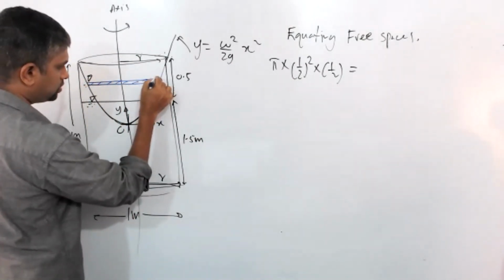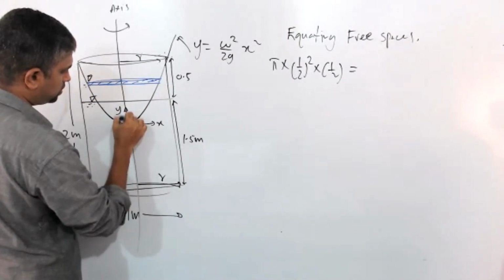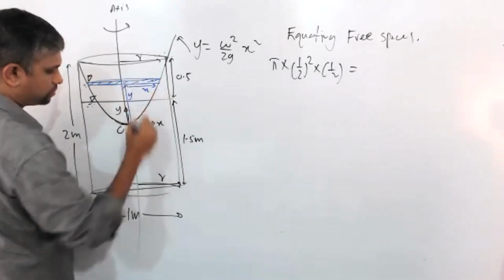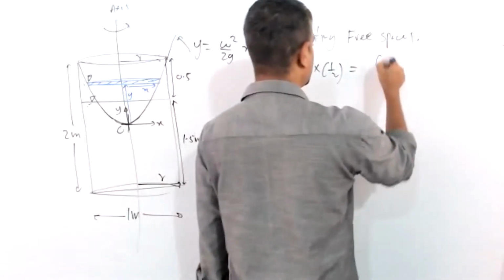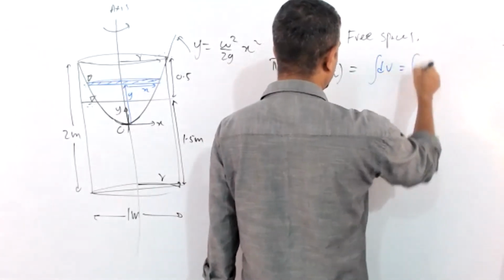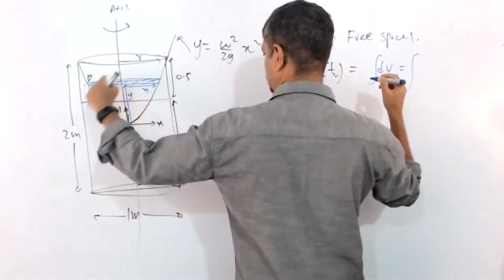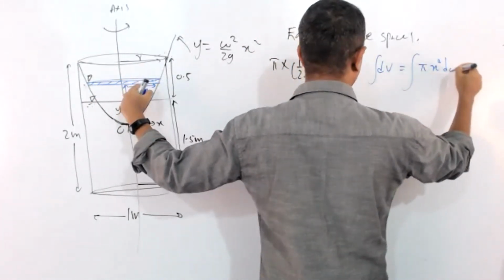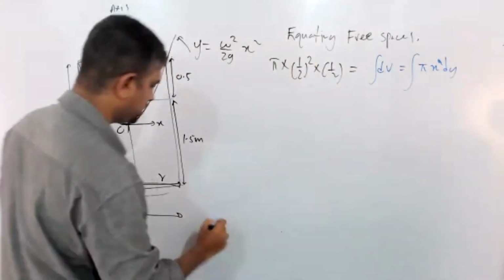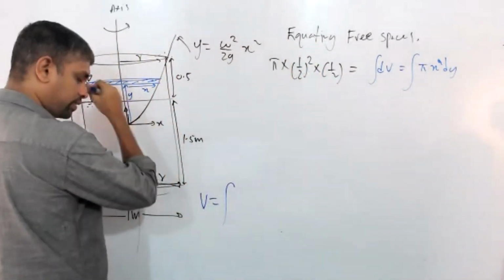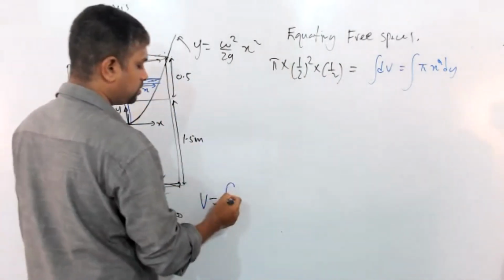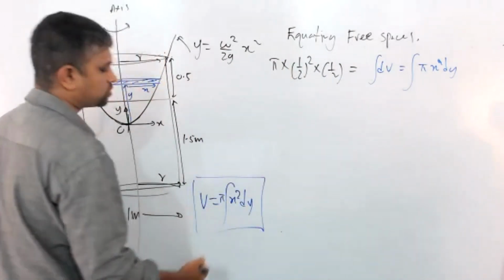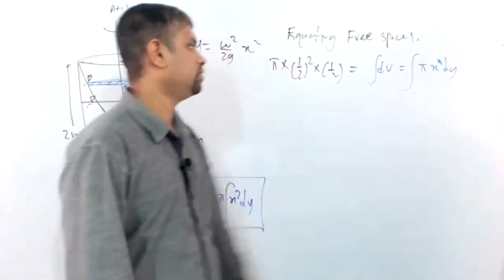If you look at a circular disc at distance y, this volume can be written as the integral of dV, where dV is the area, pi x squared, times dy. So the volume of revolution about the y axis is given by the integral of pi x squared dy.